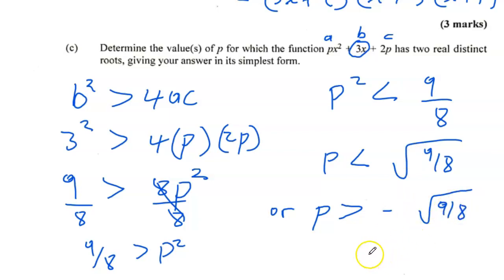In other words, p should be between the positive square root and the negative square root; p should be less than the positive square root and greater than the negative square root.